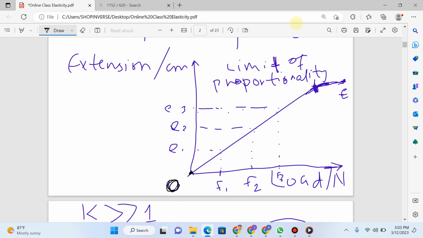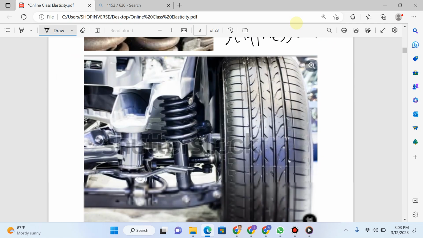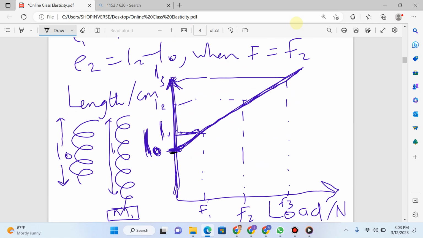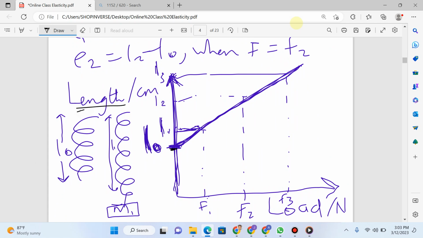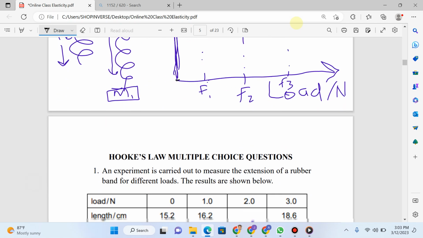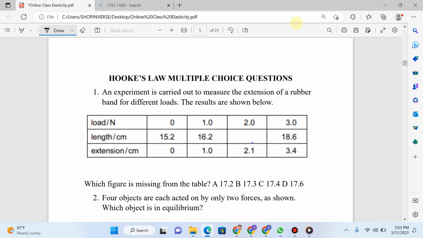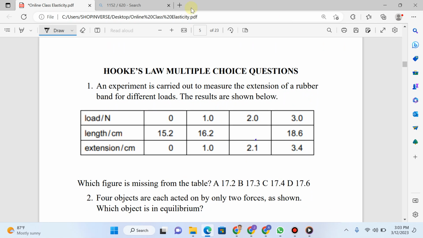This is the graph of load against extension, while what we have here is a graph of load against the actual length. You see, it's not starting from the origin, but from L naught, which is the length when the extension is 0. And now we are going to be solving some IGCSE questions on this topic.